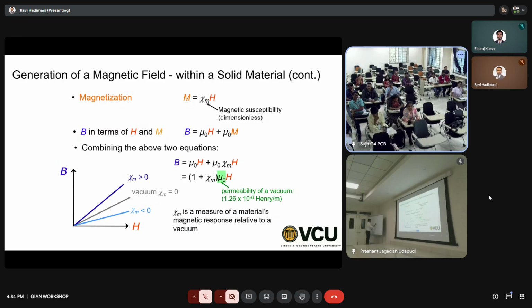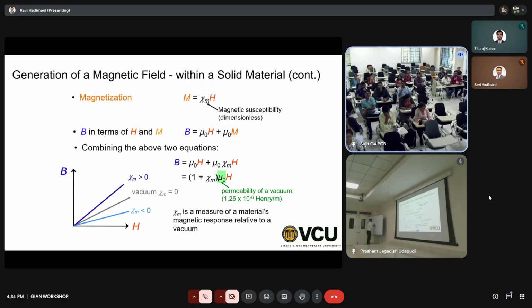Here mu r is greater than 1, which is not just greater than 1, but very large compared to 1. Here mu r is greater than 1.